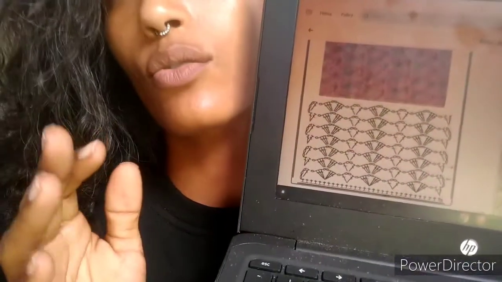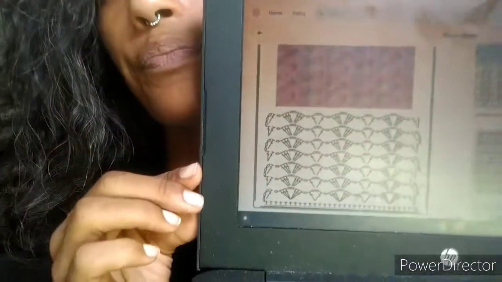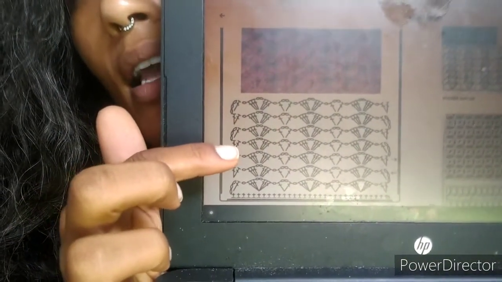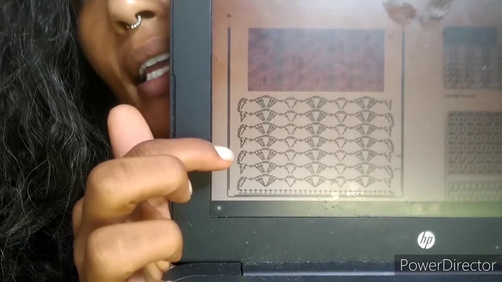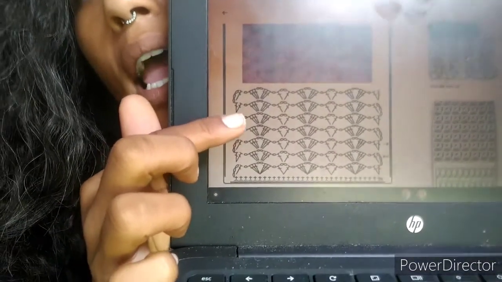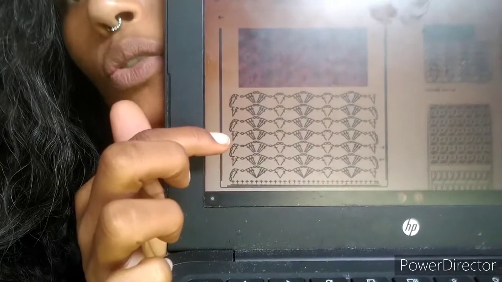So what I like to do is I like to look at this, and once I see that it's a T, I know that it's going to be a double crochet because it has this line through it. And typically when you see a line through it, that just means how many times you're yarning over.